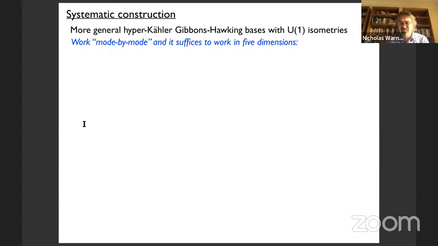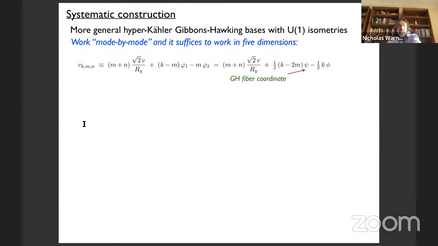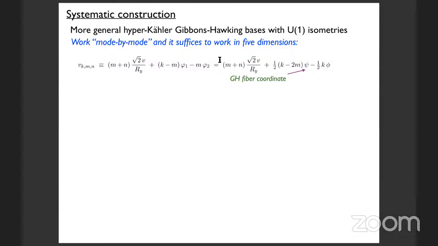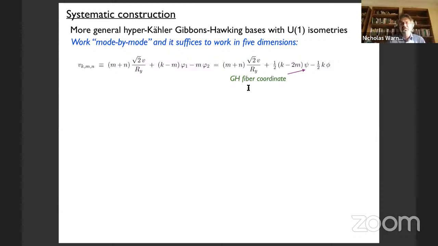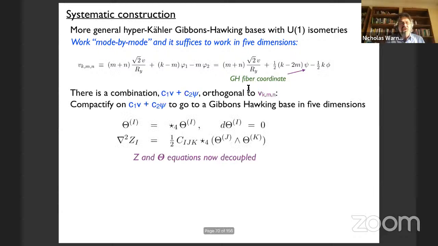And once again, you can work mode by mode, where phi1 and phi2, when written in terms of the Gibbons-Hawking coordinates, are this psi of the Gibbons-Hawking fiber and phi of the Gibbons-Hawking base, the axisymmetry. So all you do is you redecorate this thing in exactly this manner. Now, if you work mode by mode, and this is something Robert wrote a nice little paper on, you can now say, okay, there's a combination for a single mode, and you pick your favorite mode.